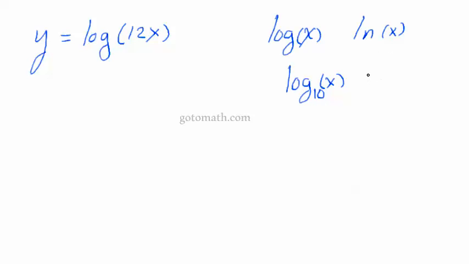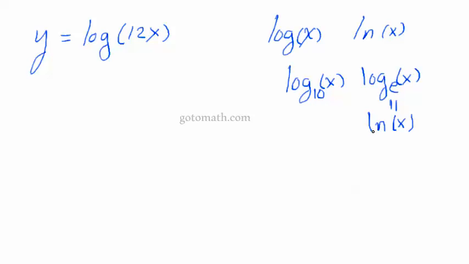Well, if I were to write log with a base e of x, we don't write that. Instead, we do this shorthand notation and say natural log, or ln. So these two are equal, okay? But we don't write log with base e.